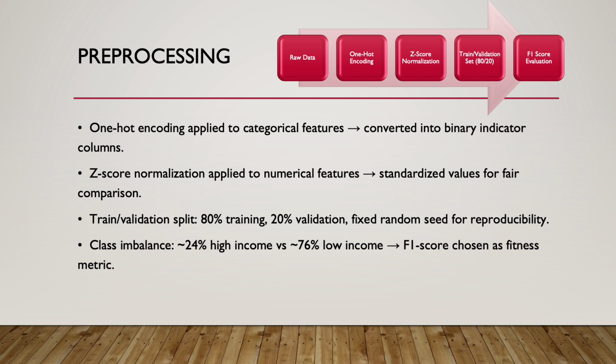The dataset was then split into training and validation sets with an 80/20 ratio, and a fixed random seed was also applied for consistent reproducibility. Finally, evaluation was carried out using the F1 score, which balances precision and recall. This pipeline ensured that the data was clean, consistent, and ready for GP evaluation.